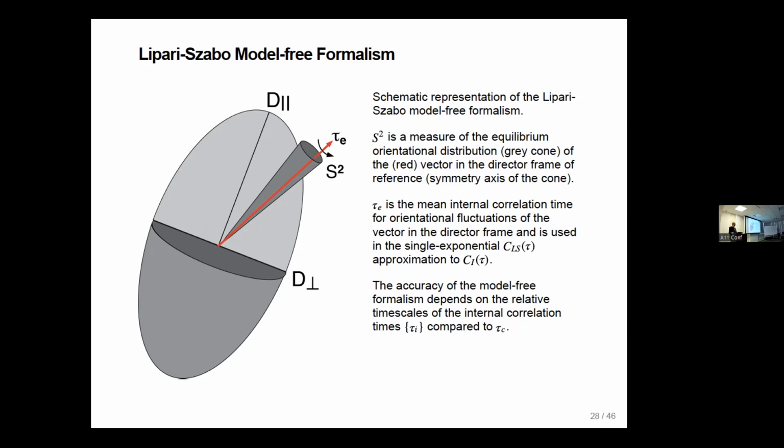And that means you have information about an overall tumbling time, possibly 2 order parameters and 2 time scales for internal motion.